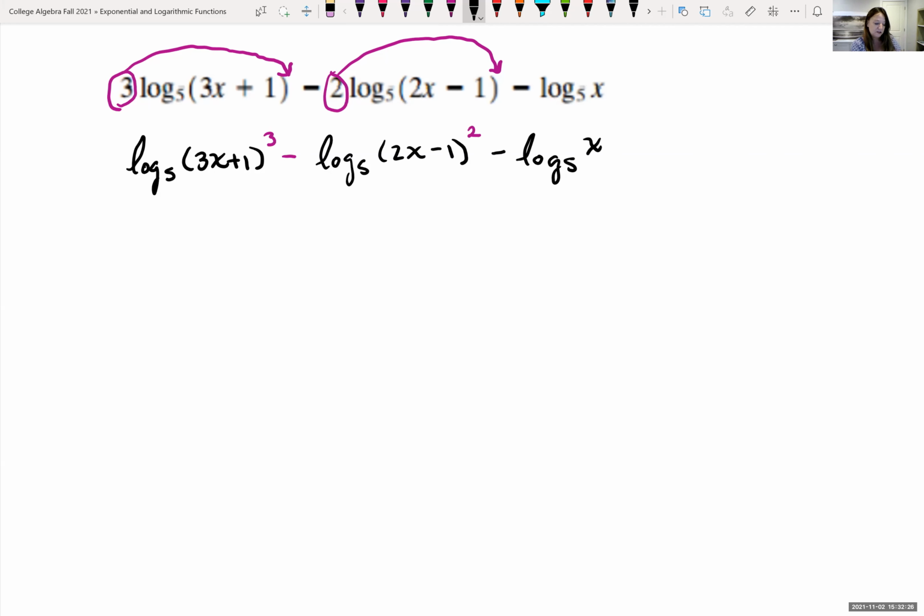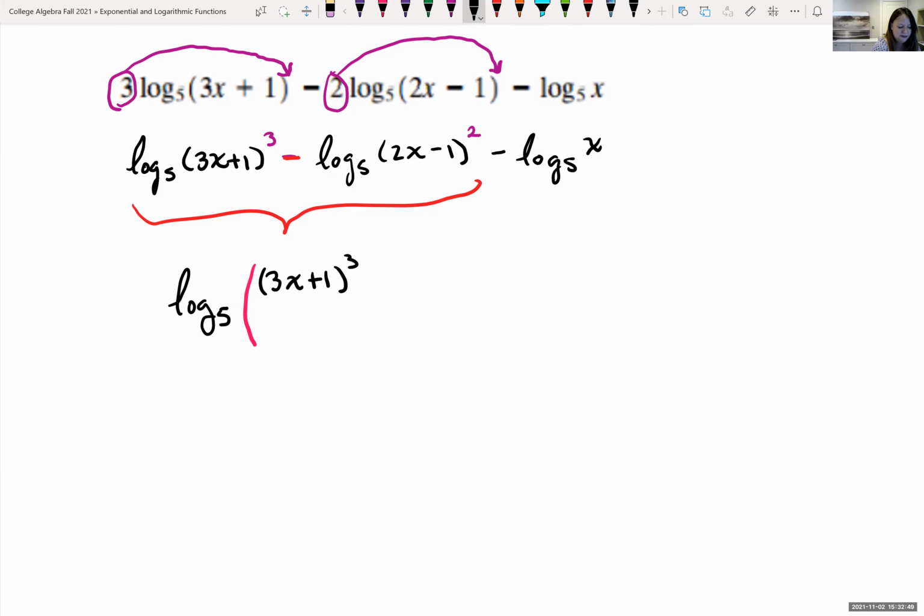So let's move left to right, and moving left to right, this minus right here tells me to rewrite it as one single log. So log base 5 of my numerator, it's going to be the first log, 3x plus 1, quantity cubed, all over this 2x minus 1, quantity squared. And then minus this log base 5 of x.